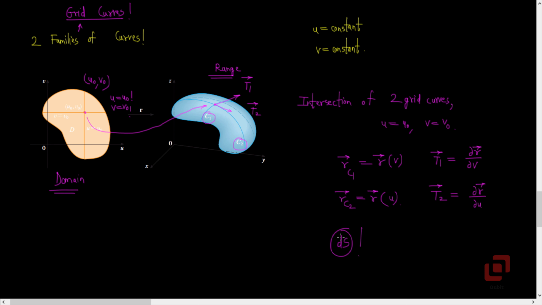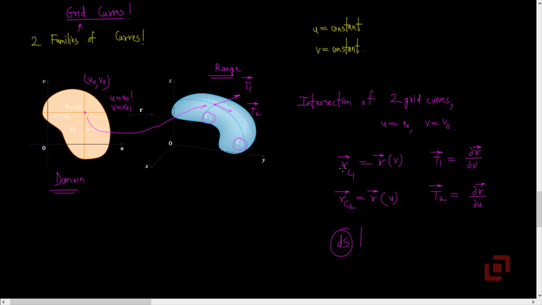But the key point here is that any point on the surface in the three dimensions can be considered to be the point of intersection of two grid curves. One of them will be u equal to constant and the second one will be v equal to constant.